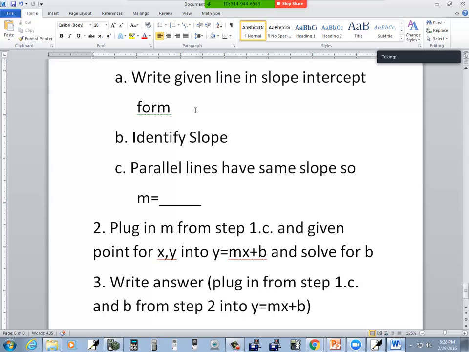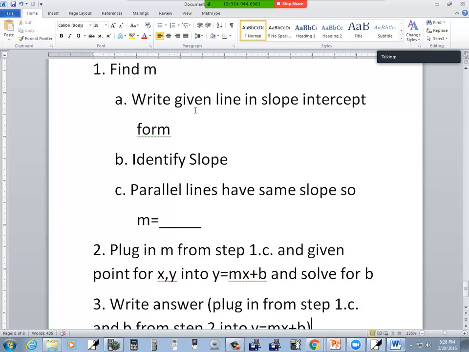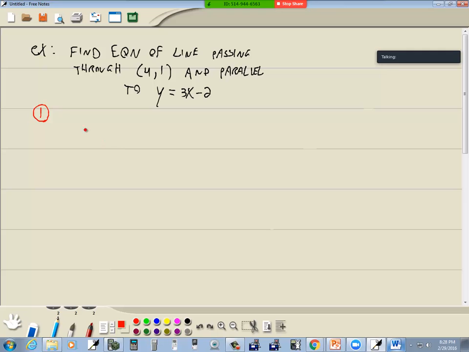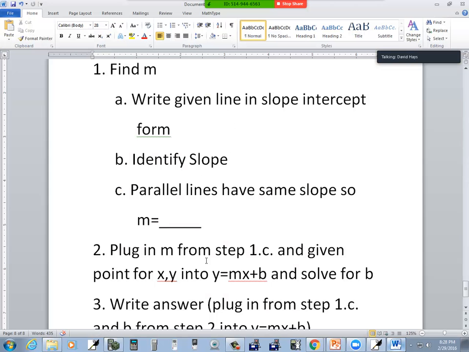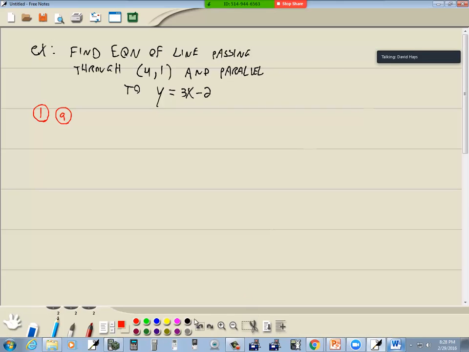Well, our first step says to find m. Our first sub-step within that says to write the given line in slope-intercept form. Well, we're given that it's parallel to y is equal to 3x minus 2, and this one's already in slope-intercept form. The second example for the perpendicular, I'll make up one that isn't.